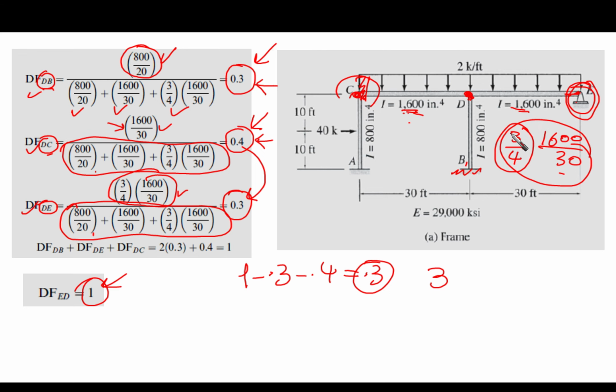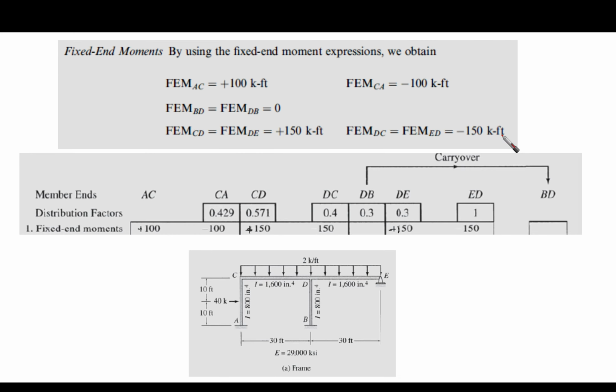Okay, now let's go to the next point, which is related to the fixed end moments. Now, in our case, we have the distribution factors, which are at point C. This is point C. And then this is at point D. We have 3 different distribution factors at point D. Take care. We have this distribution factor, DC, which is 0.4.